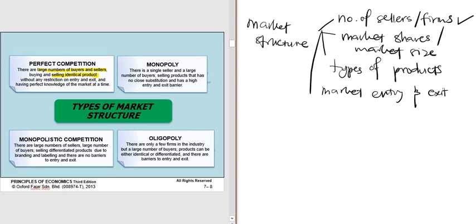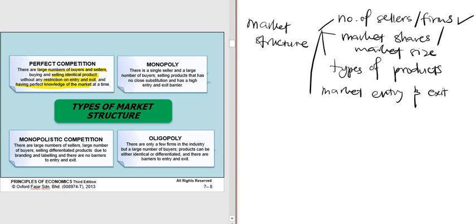Their products are basically the same and consumers cannot differentiate their products. There is no restriction of entry and exit, meaning it's easy for you to enter or exit the market. And the sellers have perfect knowledge of the market.